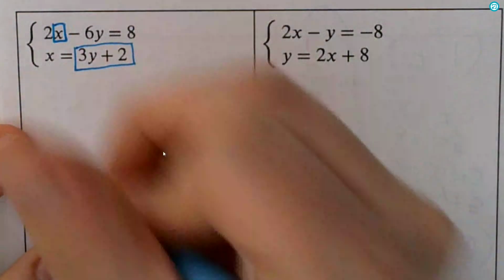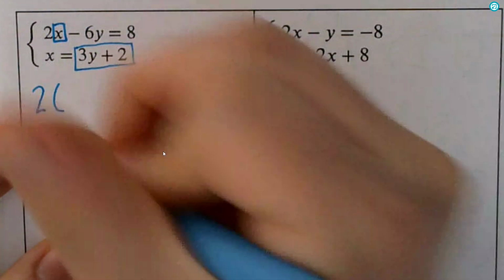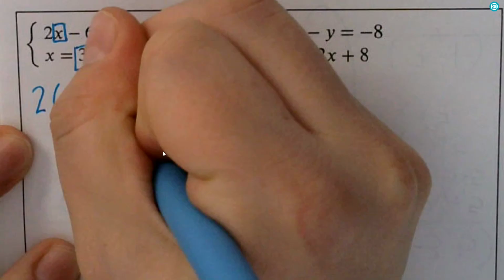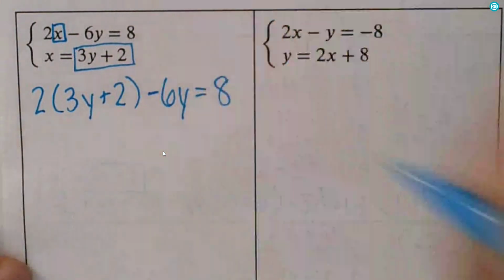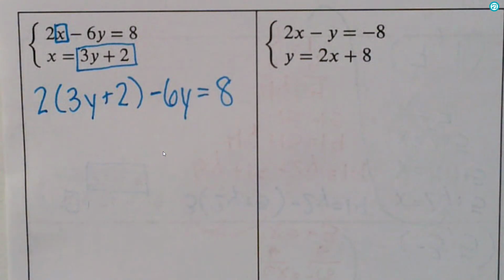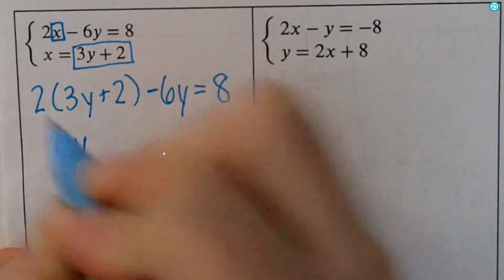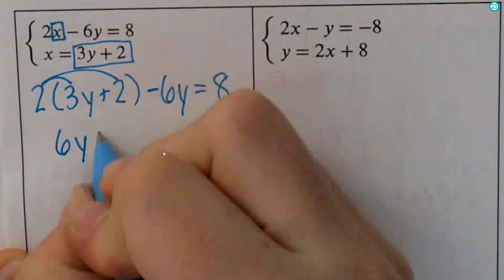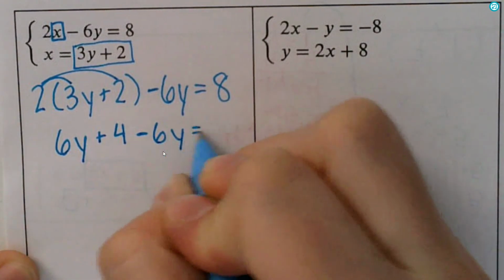So 2 times, plugging in x, (3y plus 2), minus 6y equals 8. What is 2 times 3? 6. So now we've got 6y. And then 2 times 2 is 4. So 6y plus 4 minus 6y equals 8.